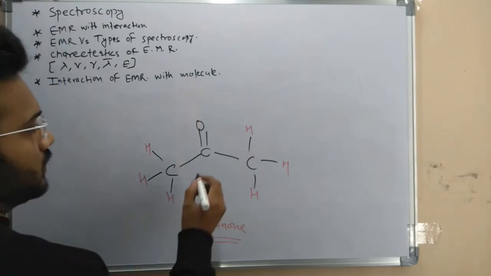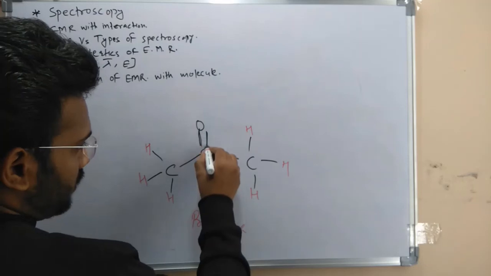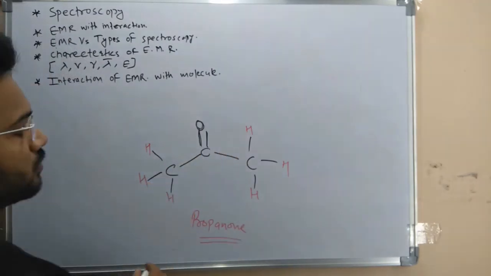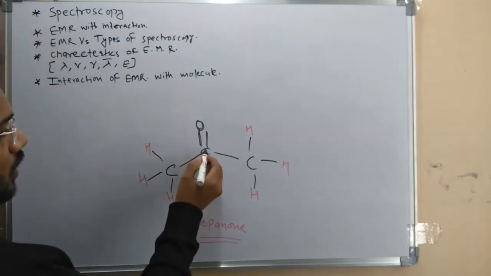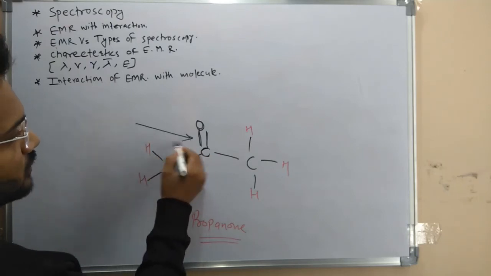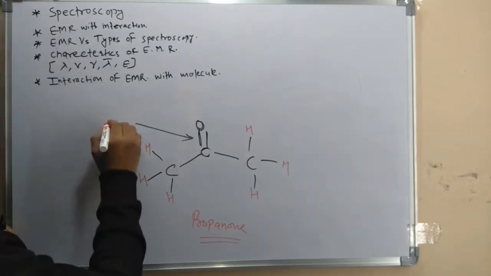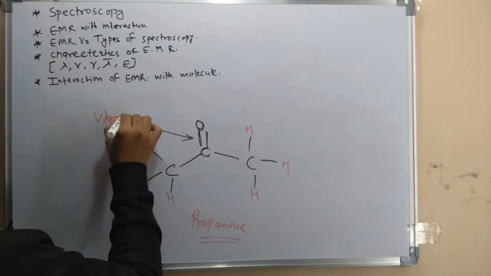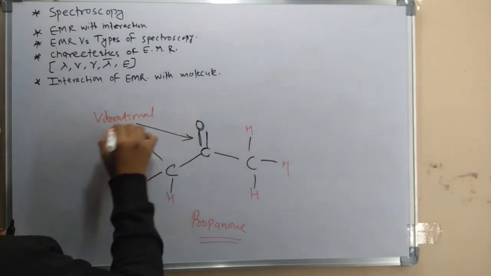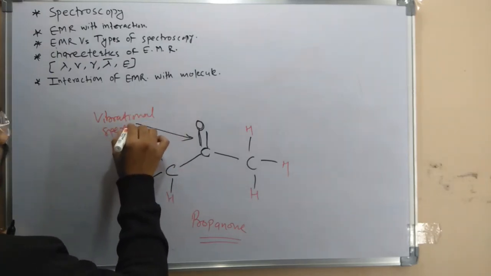See, these bonds form a functional group, the carbonyl functional group. In this carbonyl functional group, vibration of the bond happens. It is vibrational spectroscopy, and you know that IR is vibrational spectroscopy.